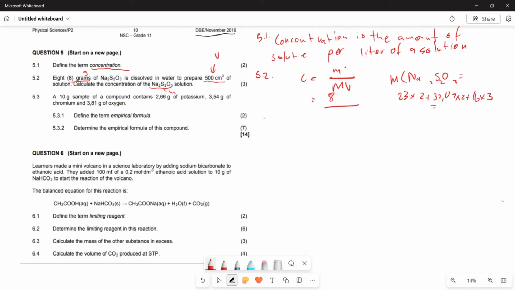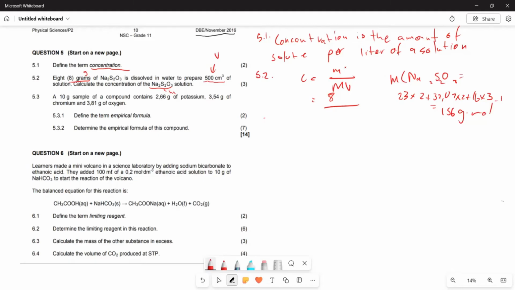So what is going to be your molar mass here? If we punch this in our calculator, the molar mass is going to be 156 grams per mole.